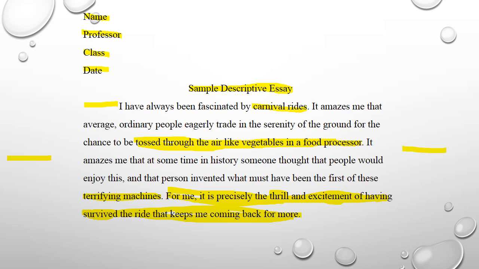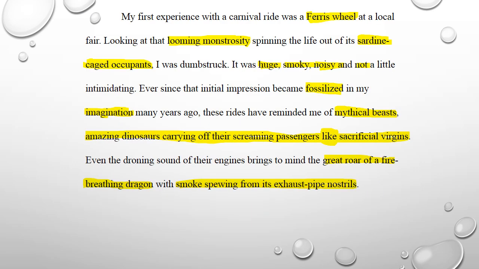Let's go to the next paragraph. It says, "My first experience with the carnival ride was a Ferris wheel." I'm a little surprised that it's a Ferris wheel because to me Ferris wheels aren't scary. It's the roller coasters that are a little scarier. He says, "Looking at that looming monstrosity spinning the life out of its sardine-caged occupants, I was dumbstruck. It was huge, smoky, noisy, and not a little intimidating.